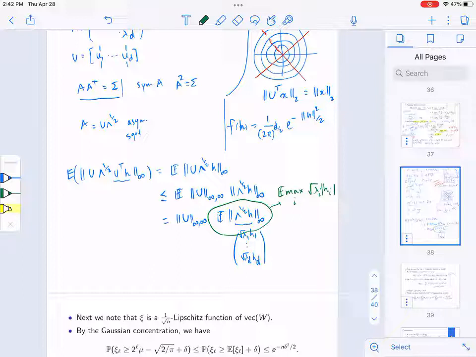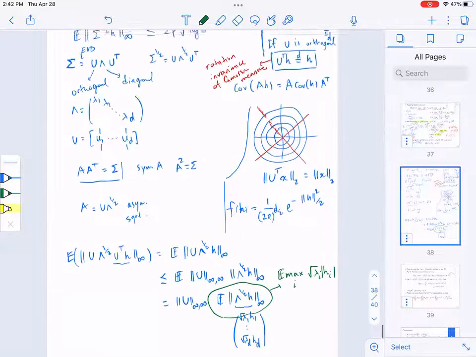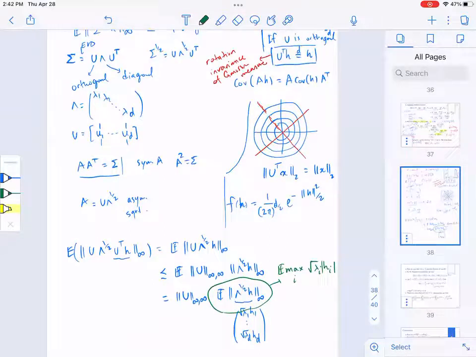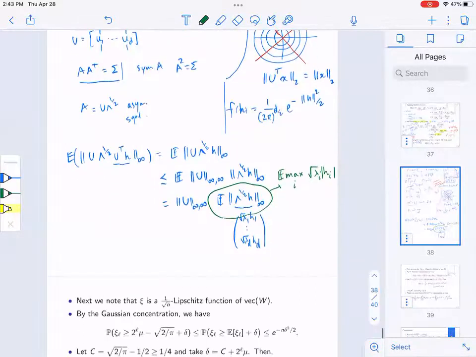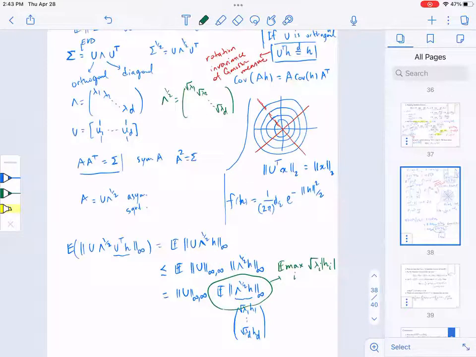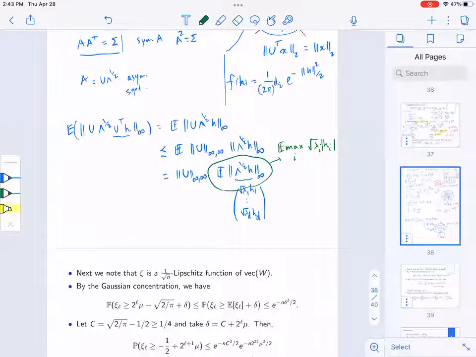Because Lambda is diagonal, Lambda 1/2 would be the square root: root lambda 1, root lambda 2, up to root lambda d. And when you multiply a diagonal matrix by a vector, you just rescale every row. The norm is not rotation invariant.